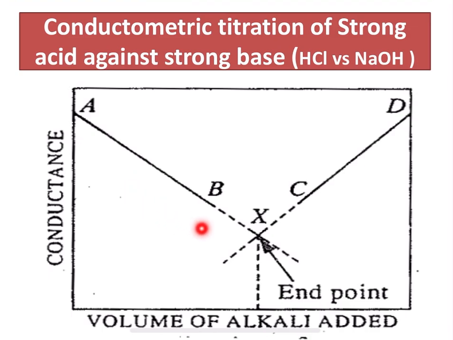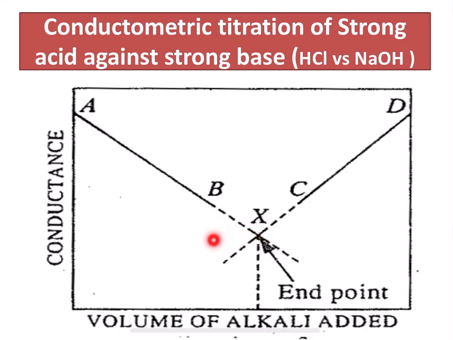All the H plus ions present in the hydrochloric acid are going to get replaced by sodium ions. Till what time will the reaction proceed? Till all the H plus ions are converted into sodium ions. Once all the H plus ions are converted into sodium ions, no HCl is left.